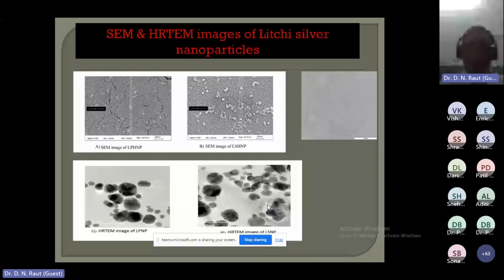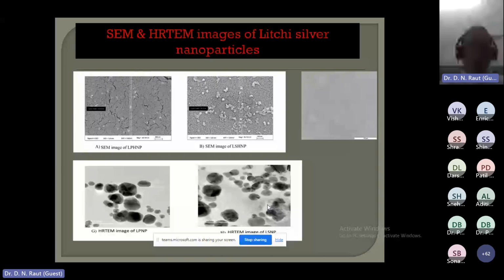Background images are there, sorry, in TEM, and in SEM surface images, here are the particles, how they look for lychee seed by heating metal nanoparticles and lychee bean by heating metal nanoparticles.